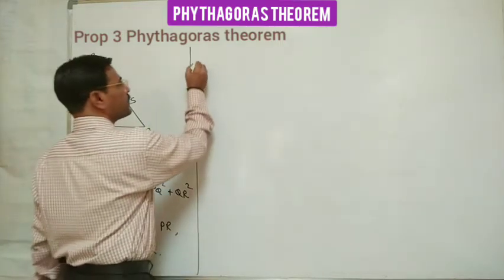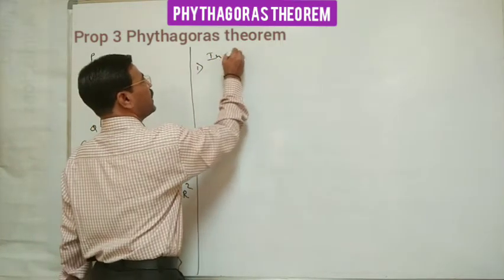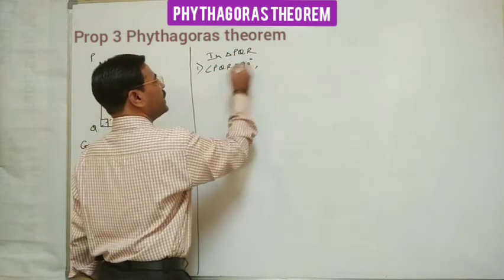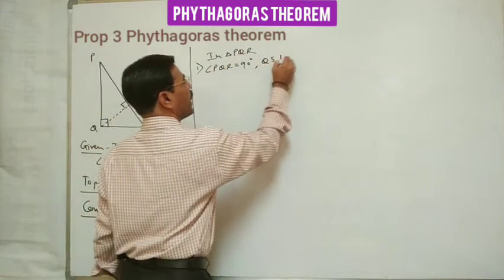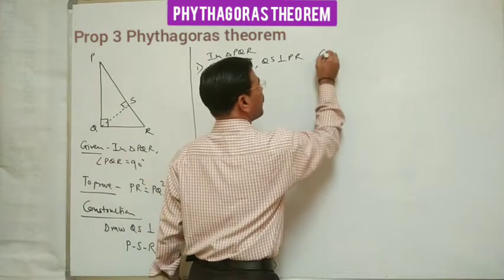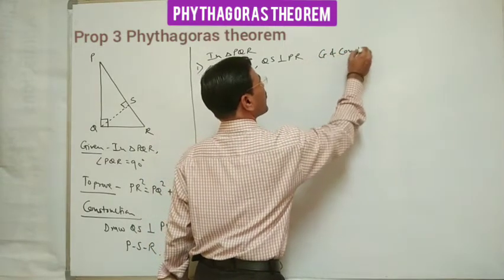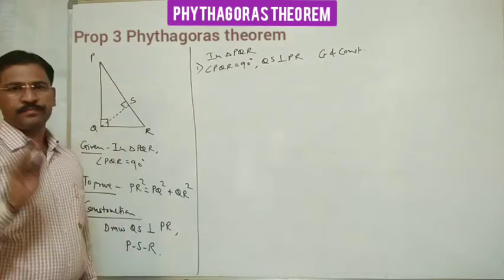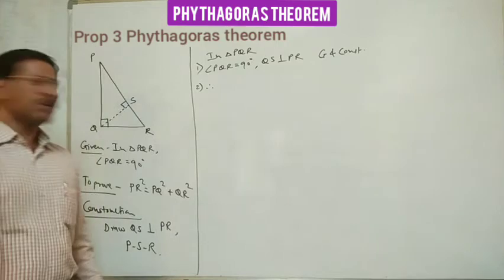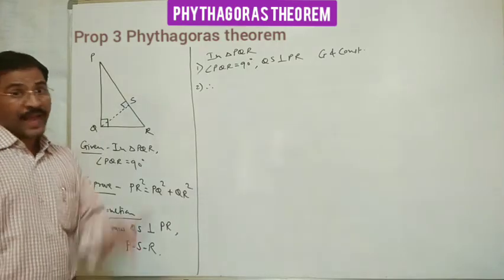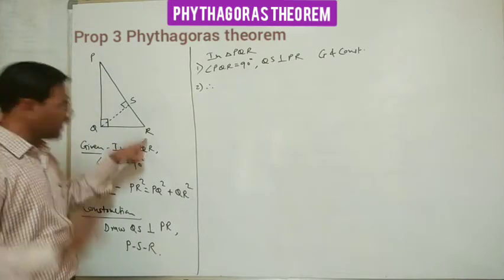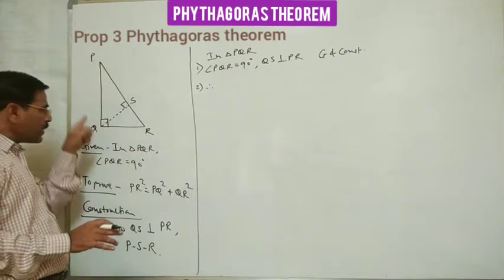So both we will write here. In triangle PQR, angle PQR is 90, and QS is perpendicular to PR. This is given and construction. Now, because of these 2, I'll write all the 3 triangles are similar, as we know that trick: PQR, PSQ and QSR.